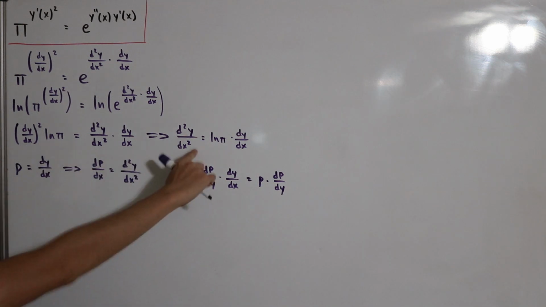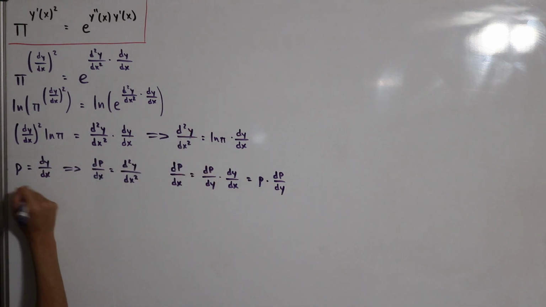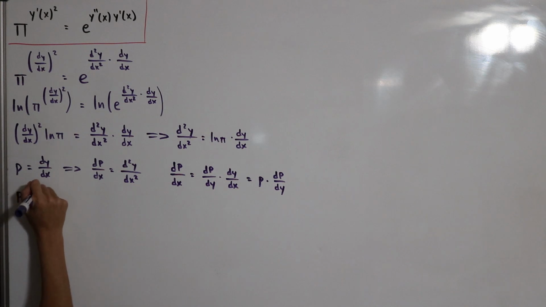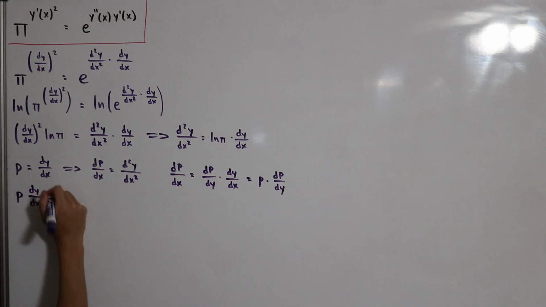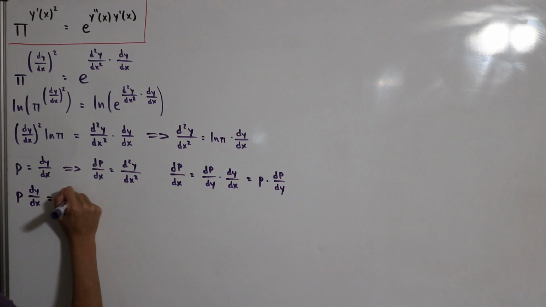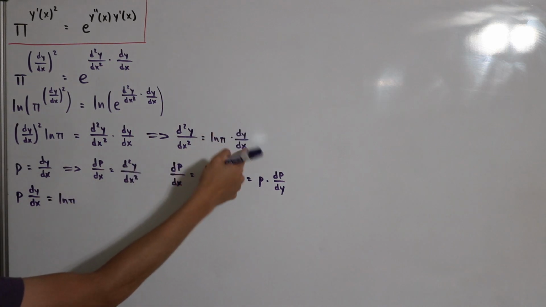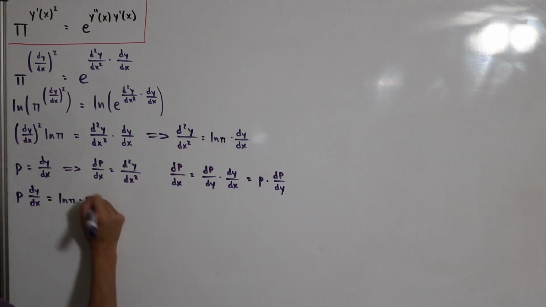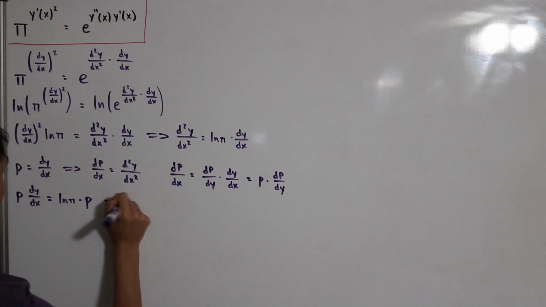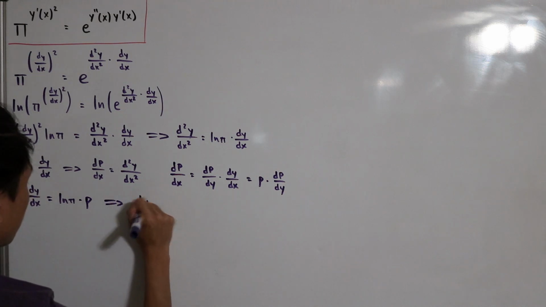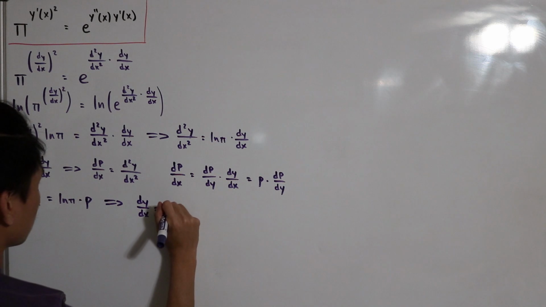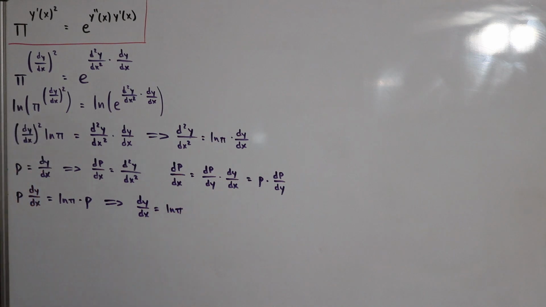So I can just replace this with p dp dy, and then that's just equal to ln of pi, and then we set that p is equal to dy dx, so it's just multiplied by p. And now next, you can just divide p from both sides, so now we have dy dx is just equal to ln of pi.